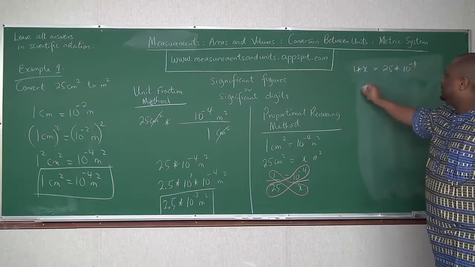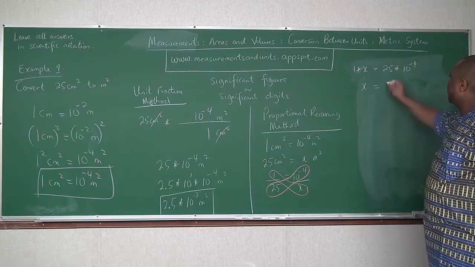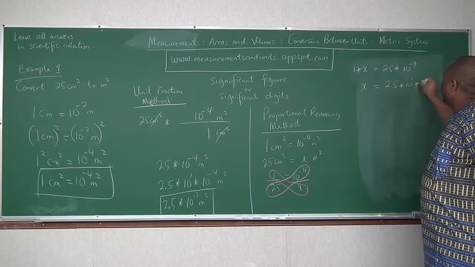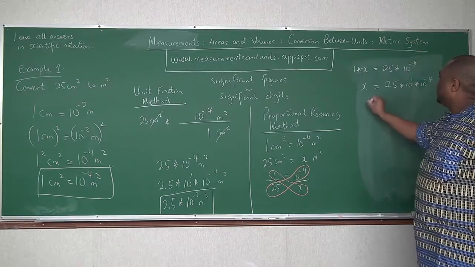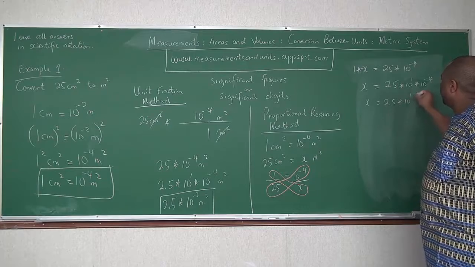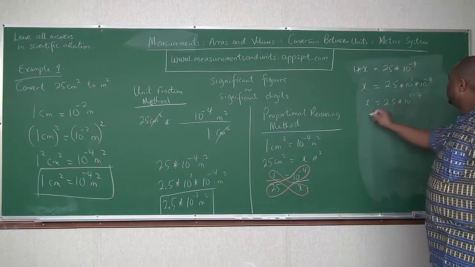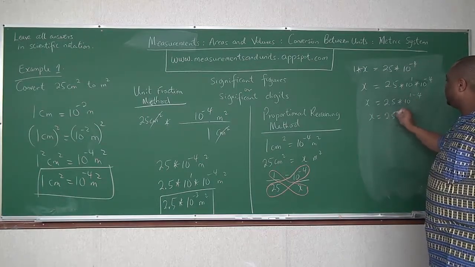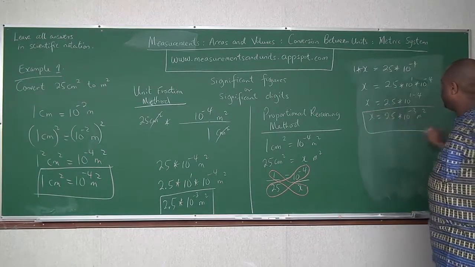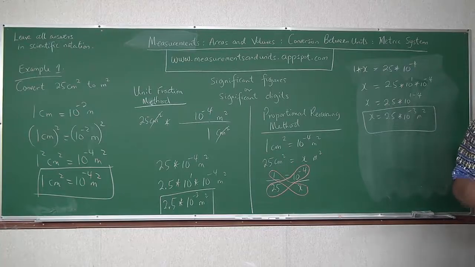So 1 times x is x, and this will now give us 2.5 times 10 to the 1 times 10 to negative 4. That will now give us 2.5 times 10 to 1 minus 4. X will now be 2.5 times 10 to negative 3 meters squared. You make sure you put meters squared. That is very important.